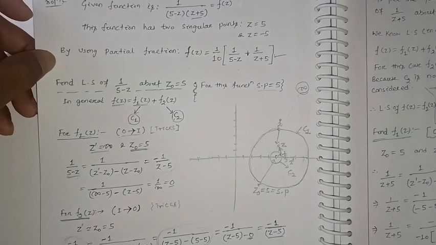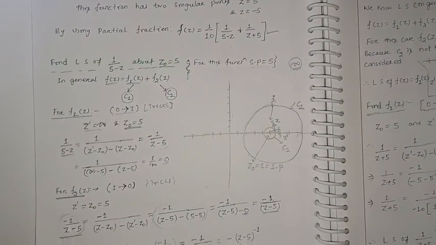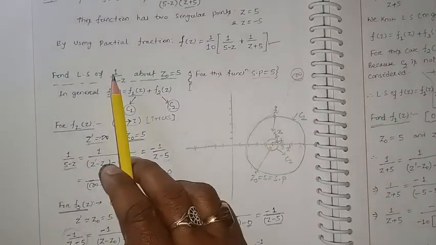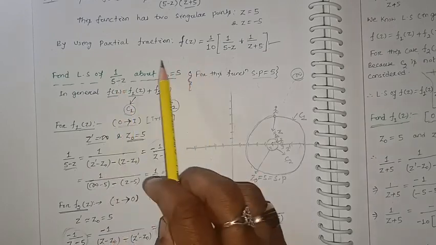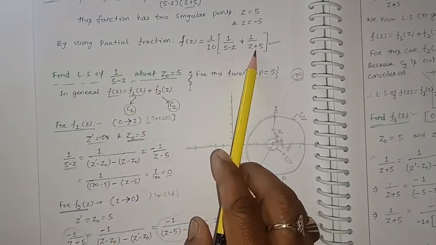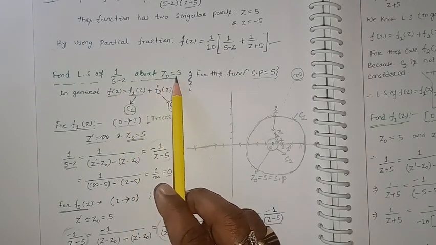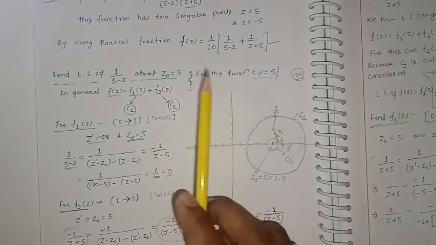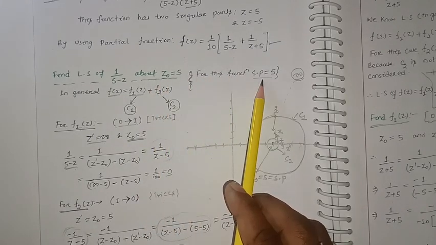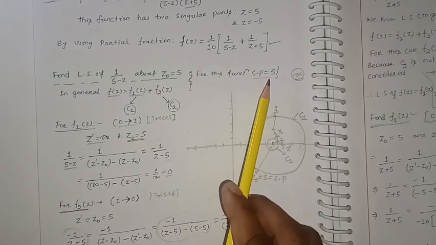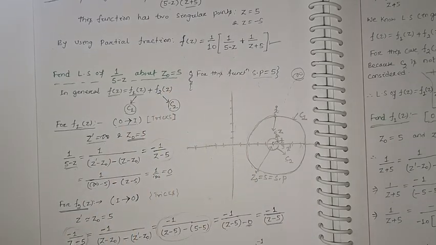You can see that for this 1 by 5 minus z, which we found by partial fractions, we have to find the Laurent series about z0 equal to 5. Here z0 is the point about which we find it, but the singular point of this function is also 5. That means both the singular point z dash and z0 coincide with each other.